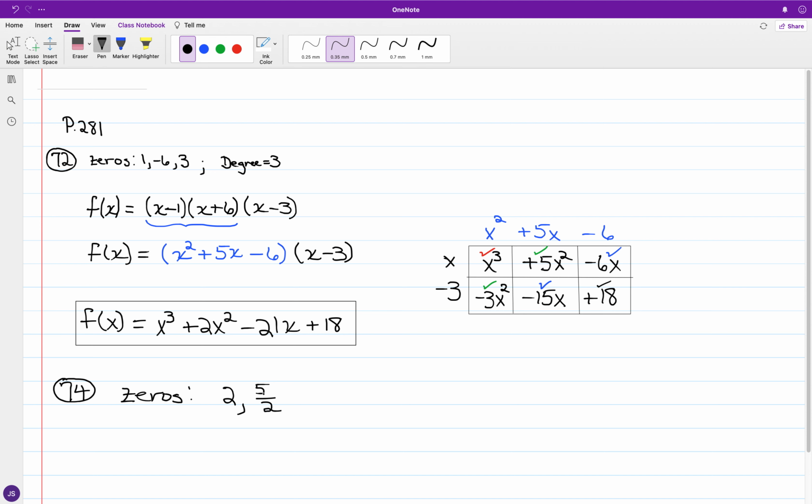So those that have a multiplicity of 1, we have 2 and 5 halves, and then we have 0, which is going to have a multiplicity of 3. And the degree of the polynomial is going to be 5.